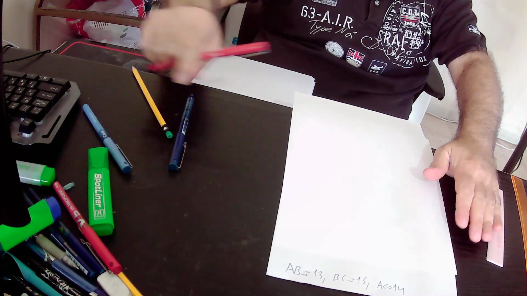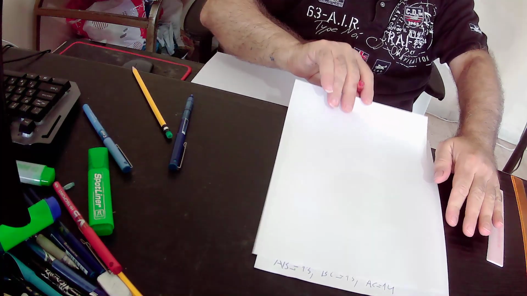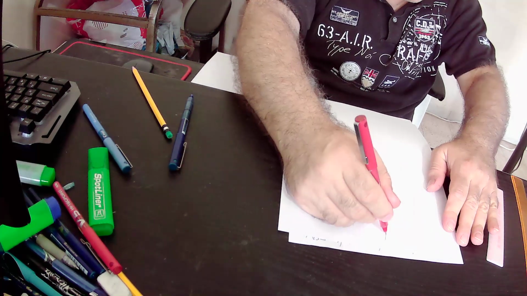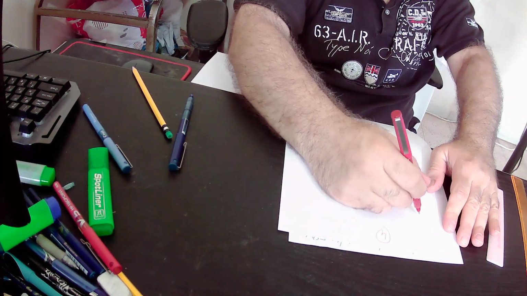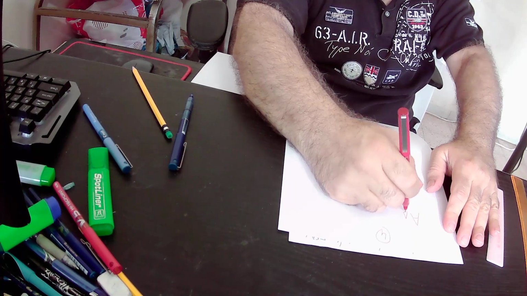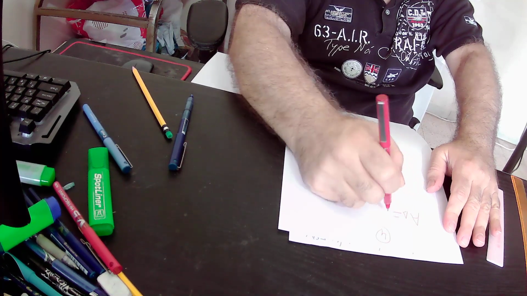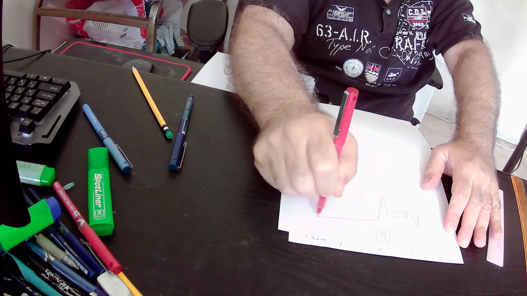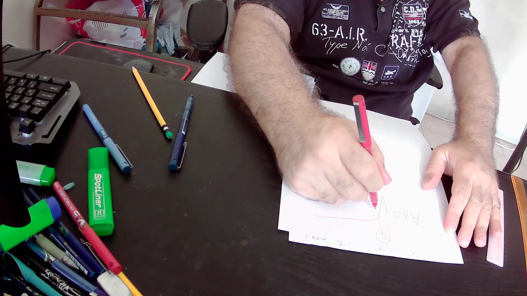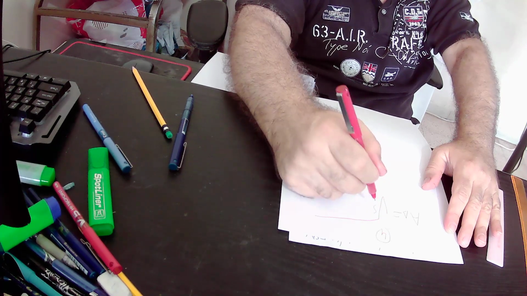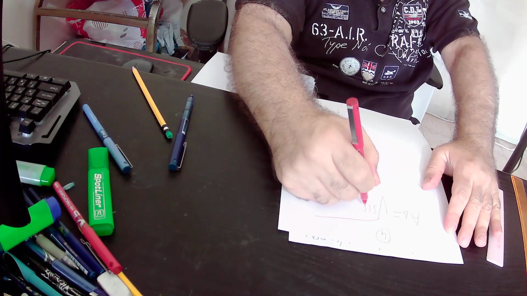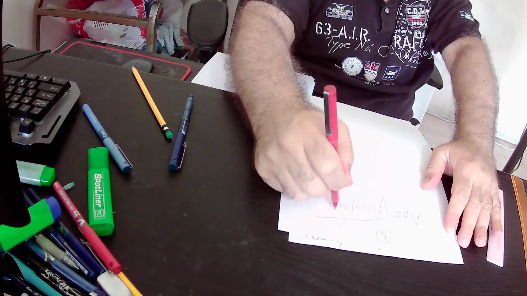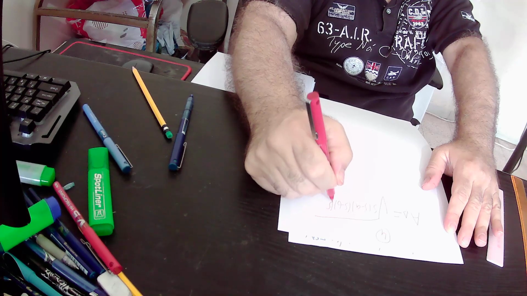The formula for calculating the area of any triangle is actually: the area of any triangle equals the root of s, where s is the semi-perimeter of that triangle, times s minus a, times s minus b, times s minus c.